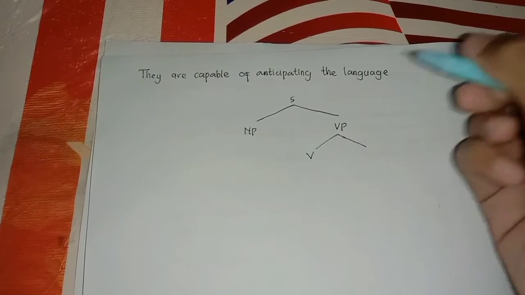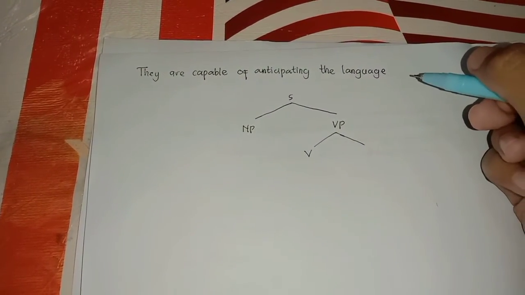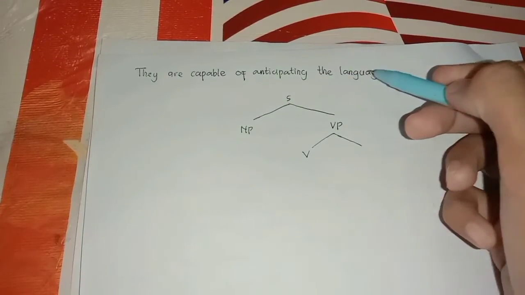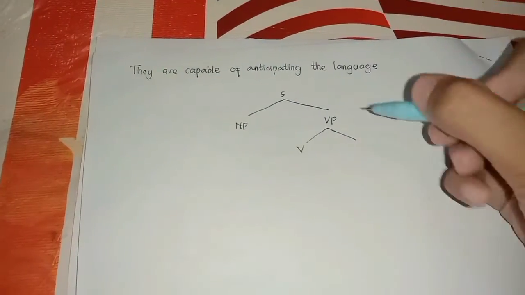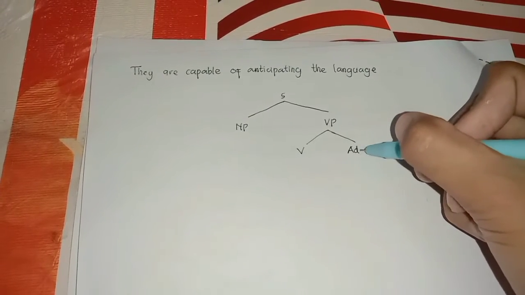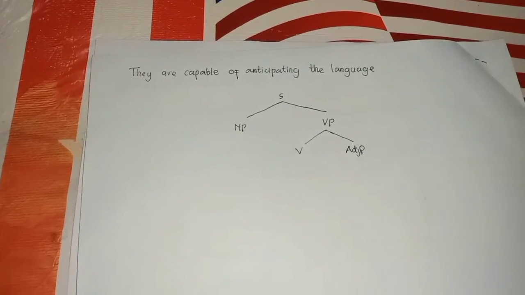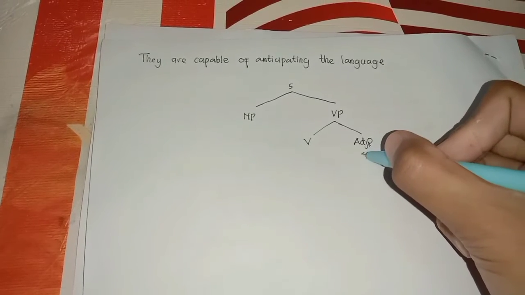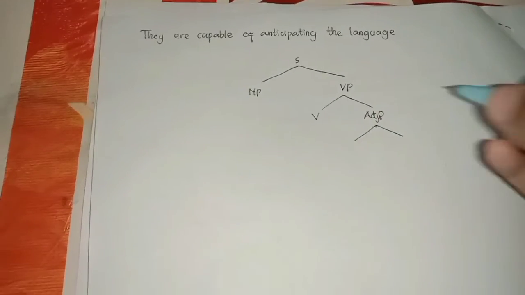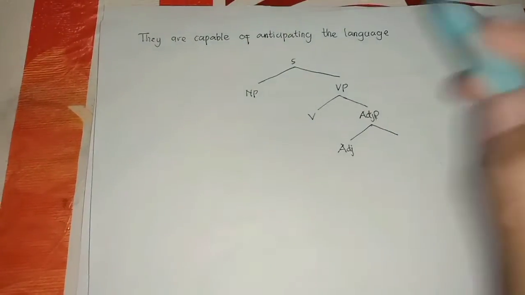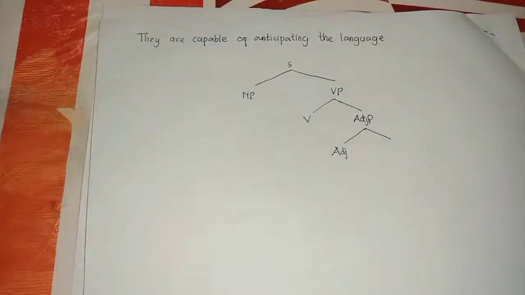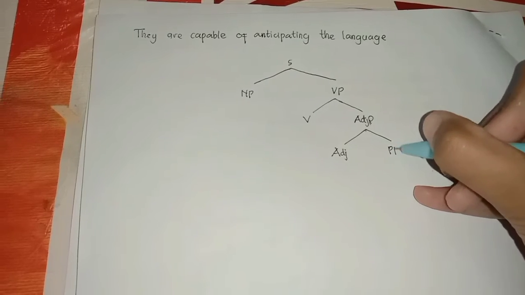We can draw the verb is are, and capable of anticipating the language, because capable is an adjective, so we can draw an adjective phrase. After that, we are able to divide it again into adjective as capable and of anticipating the language as prepositional phrase.